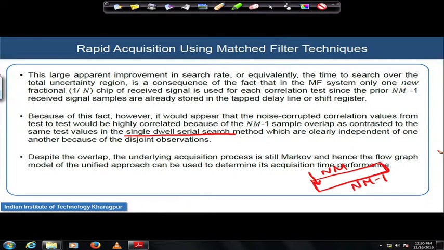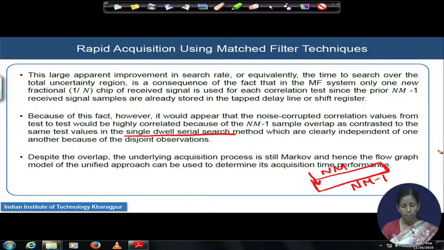So there is no situation of carrying over the cross-correlated, noise-corrupted correlation value samples into the next time zone. We understand there is an overlap, but in spite of this overlap, the underlying acquisition process of the matched filter actually follows a Markov model.